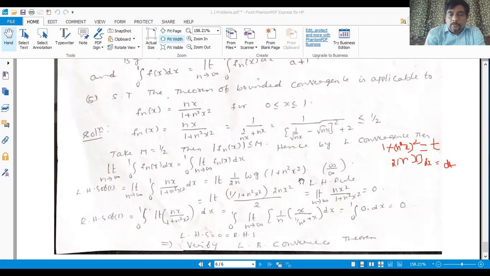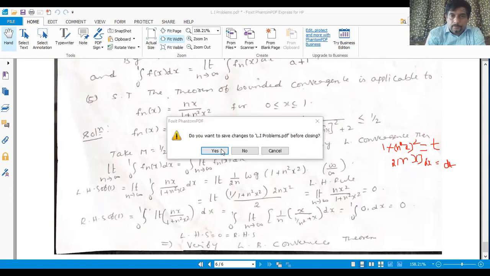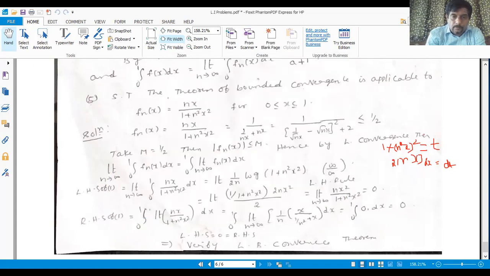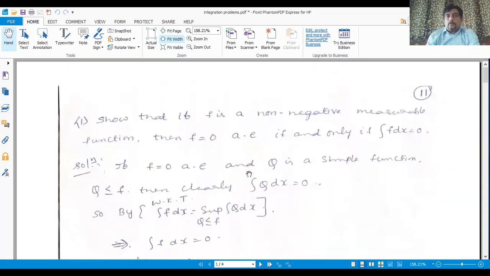Now we move on to some more problems. Show that if f is a non-negative measurable function, then f is equal to 0 almost everywhere if and only if integral of f dx is equal to 0.